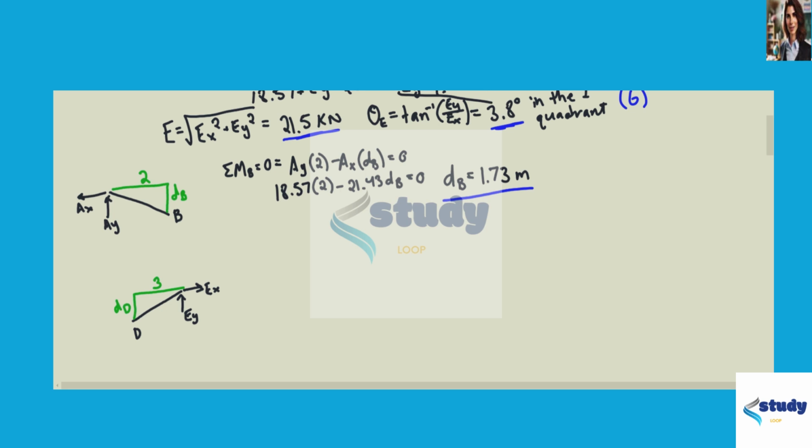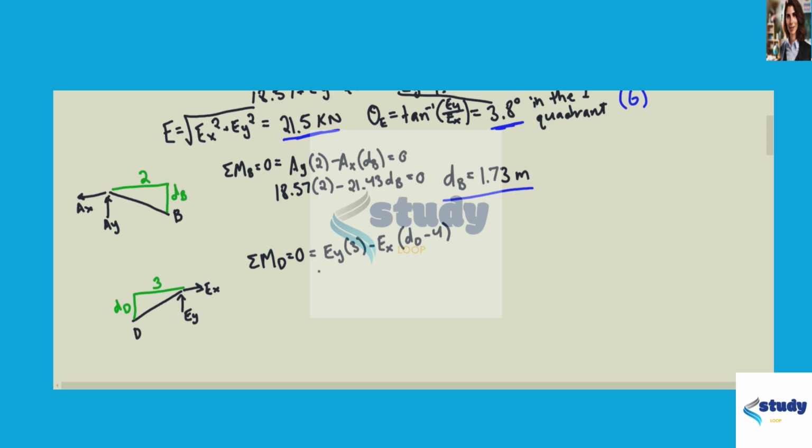And lastly, we're going to do a free body diagram from just D to E. We're going to take the moments around D. Set that equal to 0. And that'll equal EY times 3, because there's 3 meters in the horizontal direction between D and E, minus EX times DD, the distance of D, minus 4.